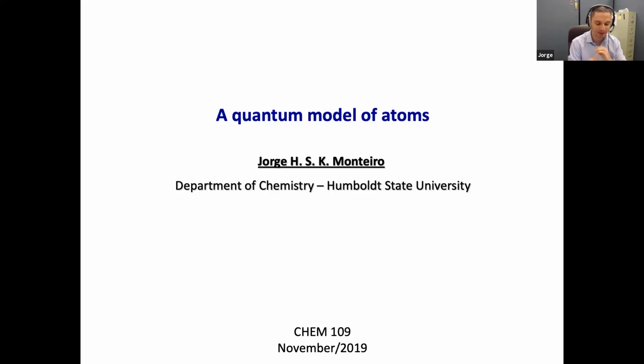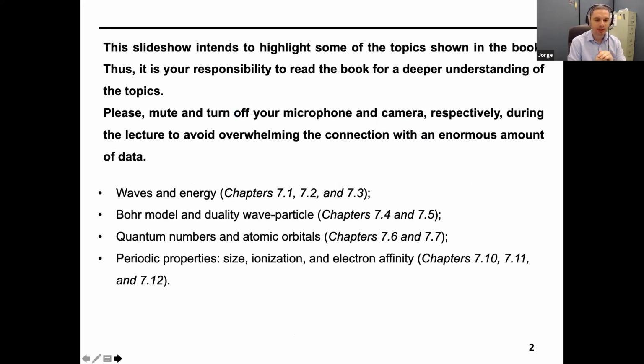So let's dive deeper into the atom. For this chapter, we have to start talking about waves and energy, and we will go back to the atomic models.